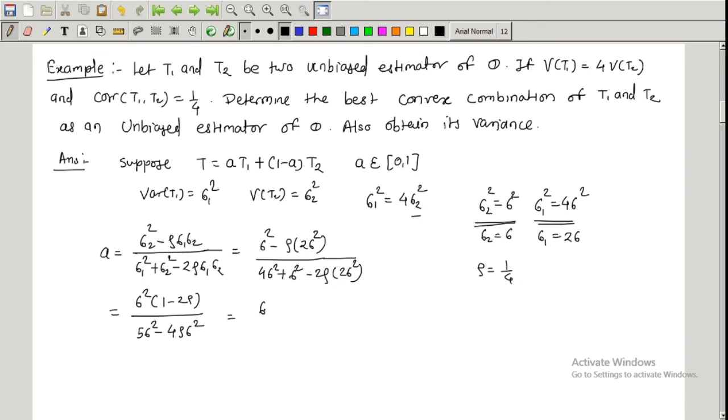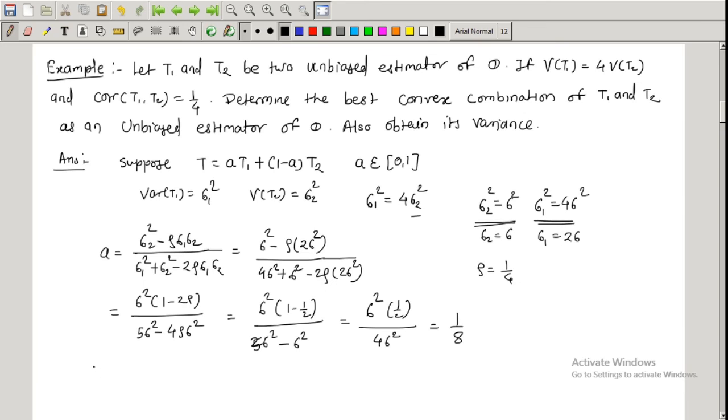So you'll get sigma square into 1 minus 2 by 4, which is 1 by 2, divided by 5 sigma square minus, if I put the value of rho, sigma square only. So you'll get sigma square into 1 by 2 divided by 5 sigma square minus sigma square, which is 4 sigma square. Sigma square gets cancelled, and your answer is 1 by 8. So your value of A is 1 by 8.